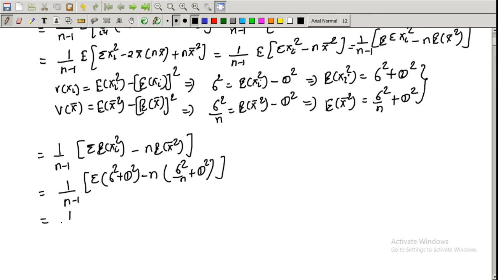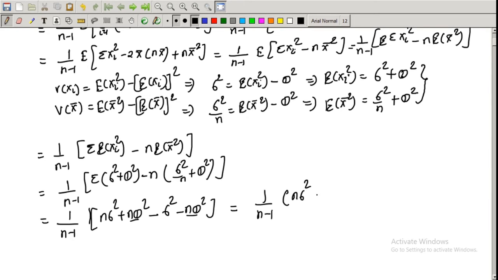which is equal to 1 upon n minus 1 n sigma square plus n theta square, addition of this constant term n times, minus n gets cancelled, sigma square minus n theta square, so which is equal to 1 upon n minus 1. This n theta square minus n theta square gets cancelled. What is remaining? N sigma square minus sigma square, correct?